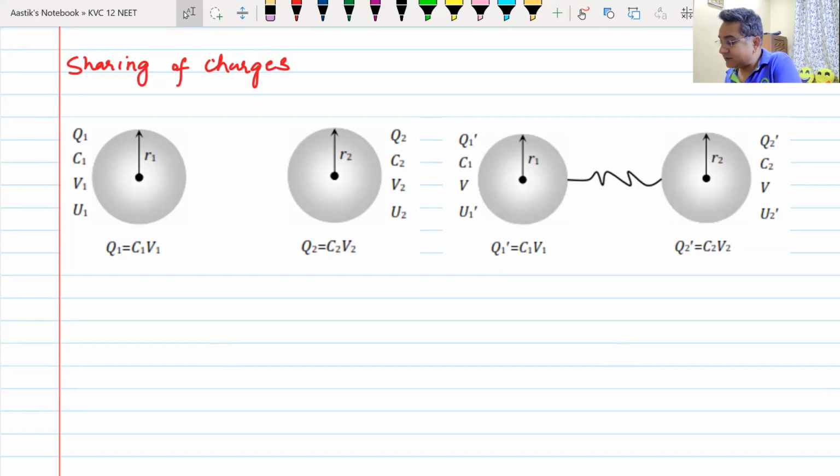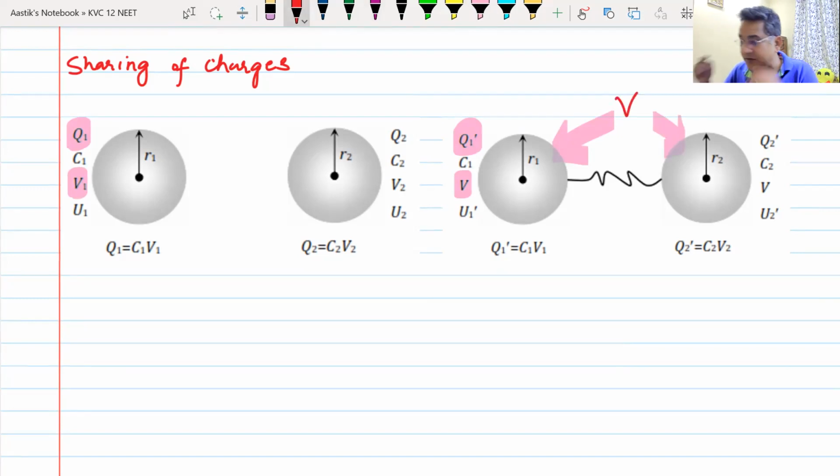What you can see is the charge Q1 will change and it will become Q1 dash. The potential V1 becomes potential V. Basically, when you connect these two conductors, both of these conductors will come to the same potential V. Do we understand this?